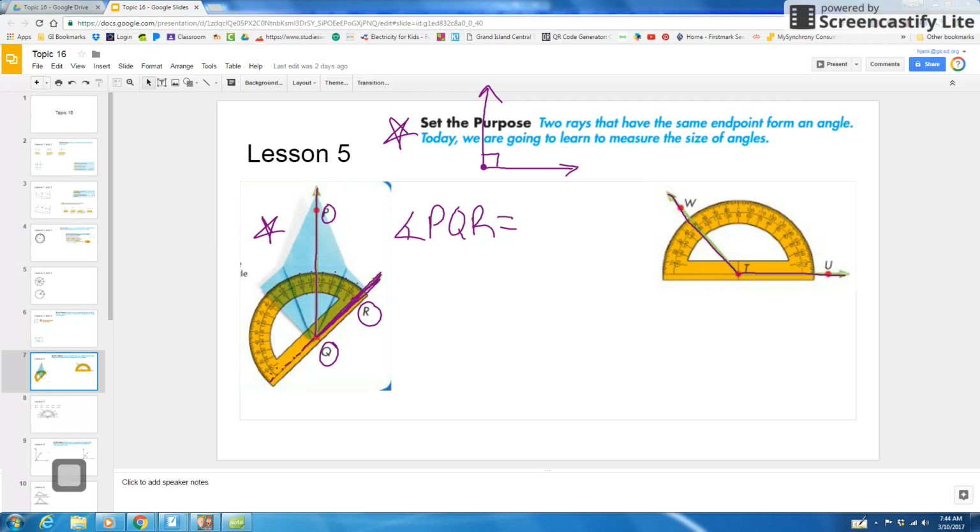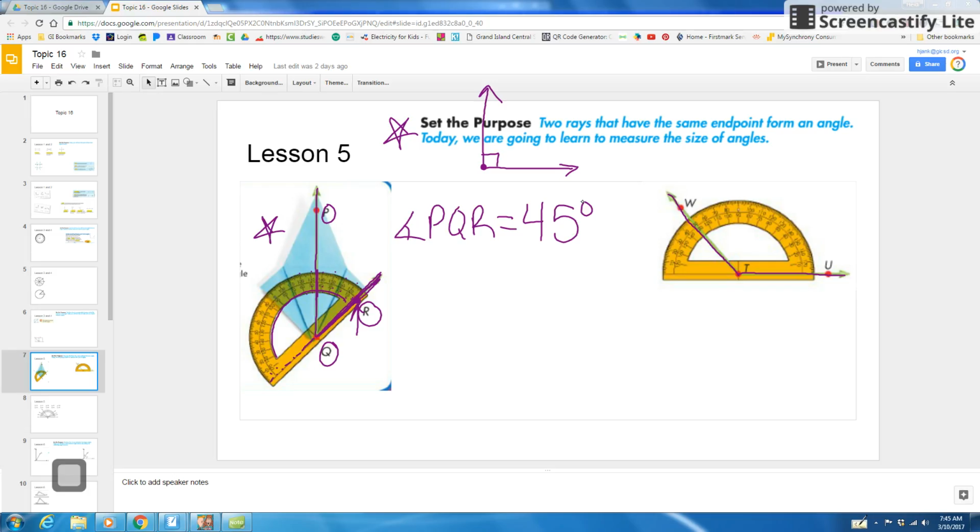Here's our 0 right here, so we're going to be using the bottom part of our protractor. I see 10, 20, 30, 40, 50, and it falls right in the middle of 40 and 50. So that would mean our angle is 45 degrees.